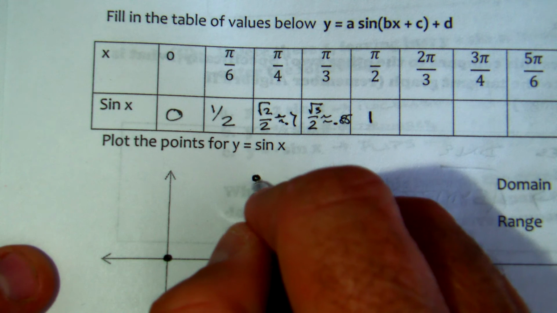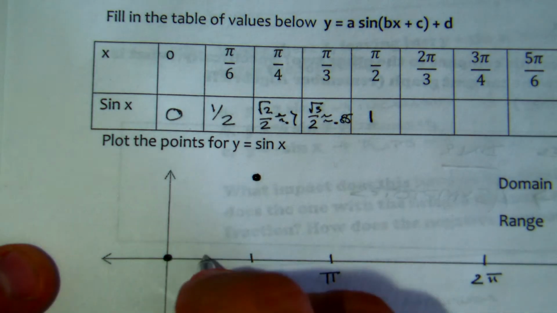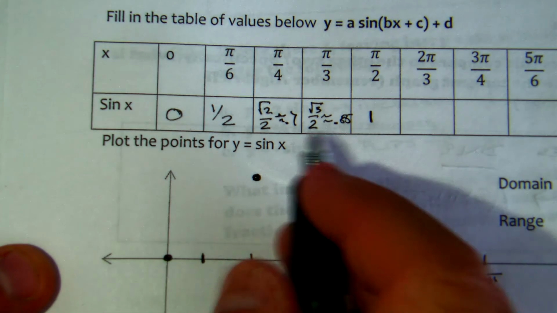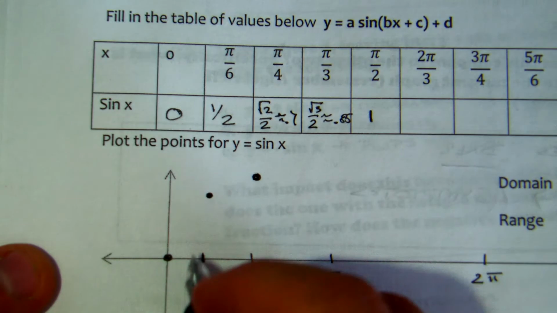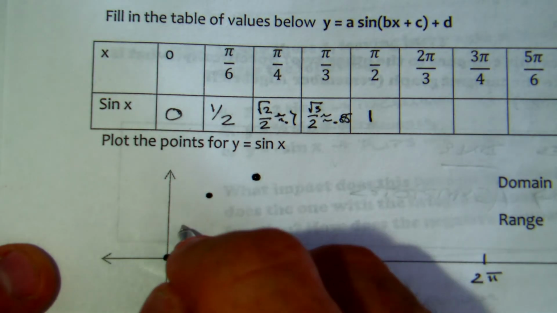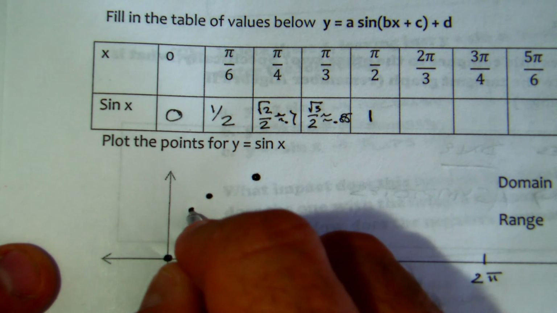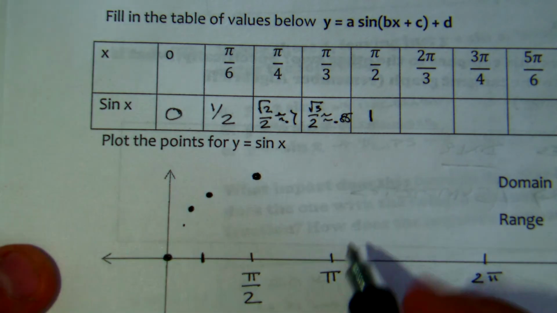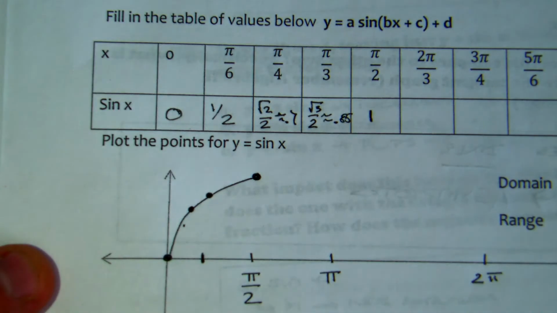Now, here's where you've got to be careful. Pi over 4 is halfway there, and that's my 0.7, which is about there. Pi over 6 is going to be all the way over here at 0.5. But you notice it's not linear. In other words, it doesn't form a straight line. So the curve kind of looks like that.